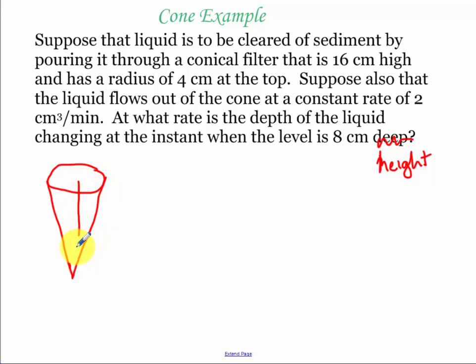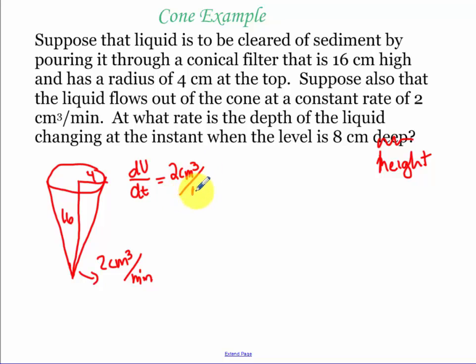This cone is 16 by 4, and I have stuff flowing out of it at a rate of 2 centimeters cubed per minute. Now, what is that a measurement of? That's how our volume is changing every minute. So I know dV/dt is 2 centimeters cubed per minute.